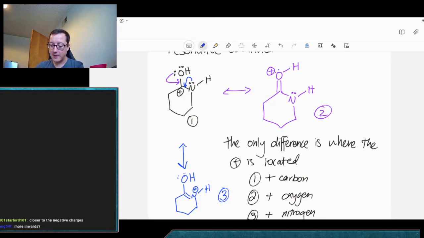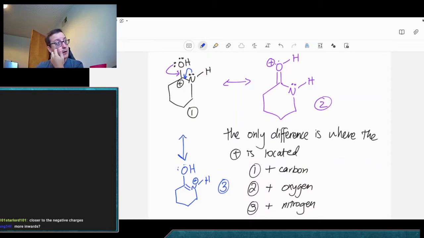So, with that in mind, what's the least electronegative atom of these three? Carbon, oxygen, or nitrogen? Remember, the more electronegative one is farther up and to the right, which is going to be oxygen, right? So oxygen is the most electronegative, followed by nitrogen, followed by carbon.